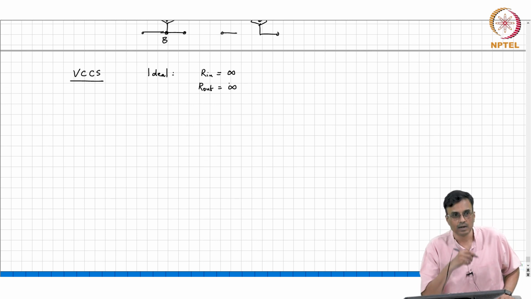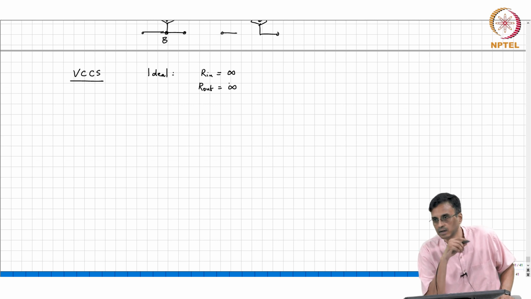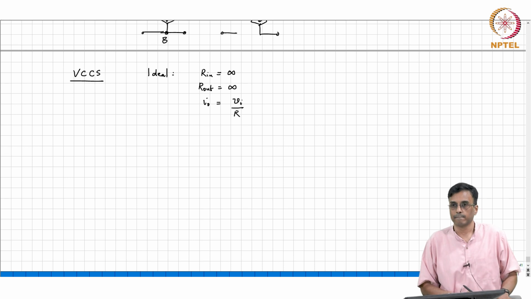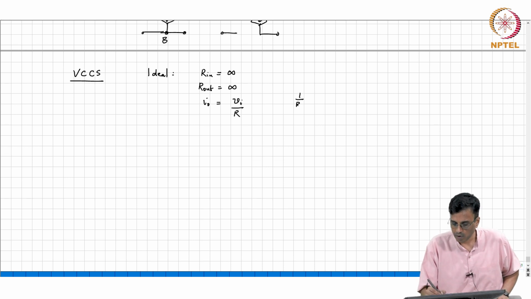And the only other parameter that you need to define is the transconductance, right. IO is nothing but Vi by R. So, 1 by R is often called the transconductance.